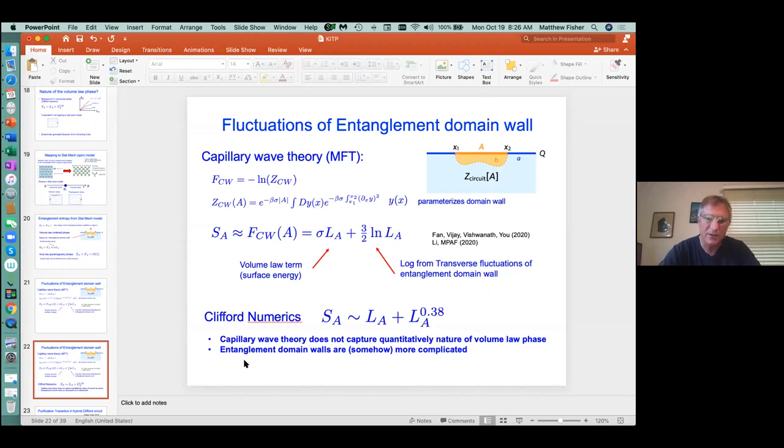So one sees that capillary wave theory does not capture quantitatively the nature of the volume law phase. The entanglement domain walls are somehow more complicated. And it's possible that what's important in these spin models is taking the replica limit, and the domain walls in the replica limit are going to be more interesting and more complicated, but we don't really understand that fully at this stage.